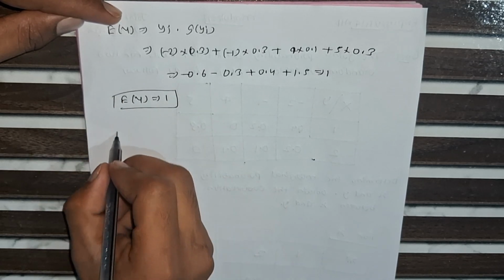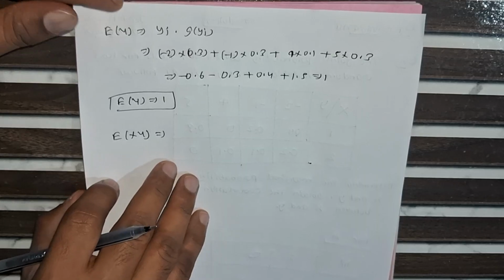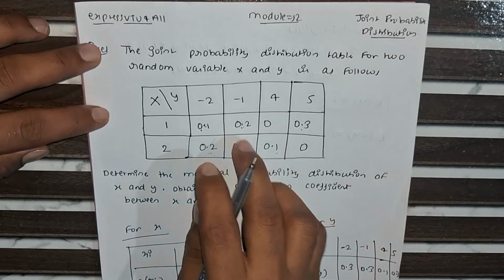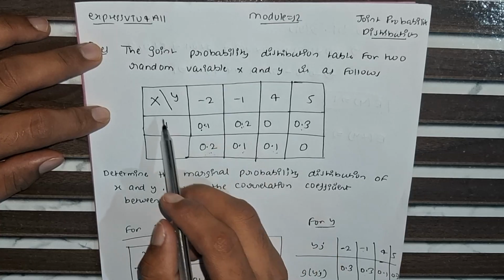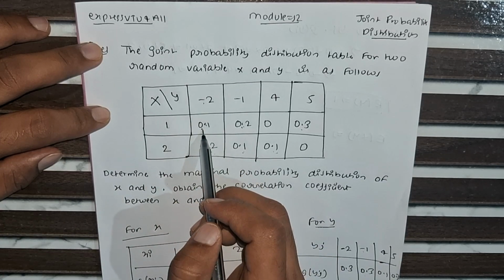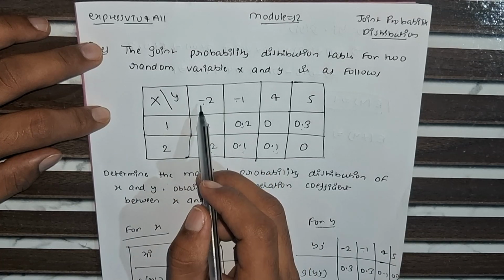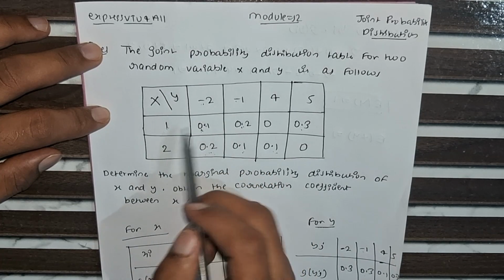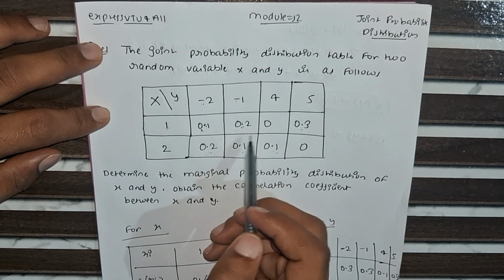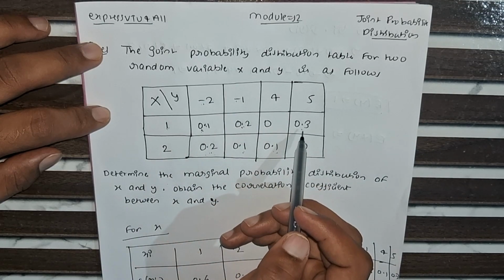Now go for expectation of x and y. How can we find the expectation of x and y? From the main table. So for row 1: 1 into -2 into 0.1 plus 1 into -1 into 0.2 plus 1 into 4 into 0 plus 1 into 5 into 0.3.